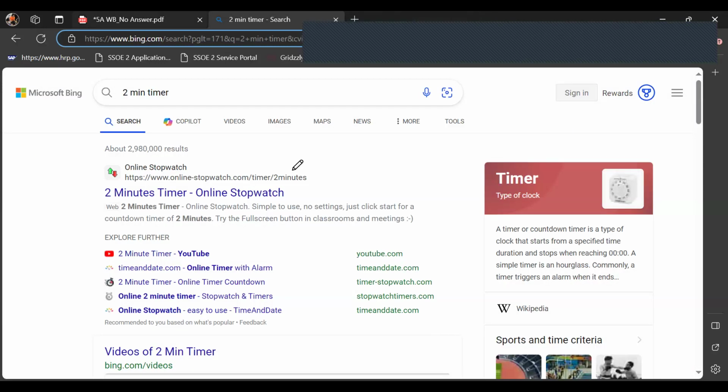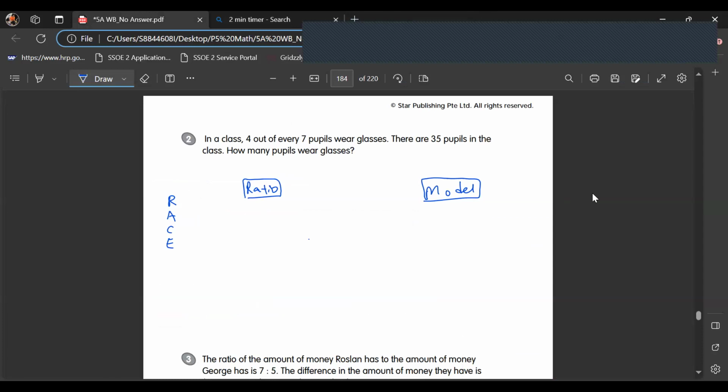I will just give you a hint here very quickly. This is quite a tricky one, right? Wait, hold on. Just this one. Can I ask you, this 4 out of every 7, it sounds like a fraction, remember?